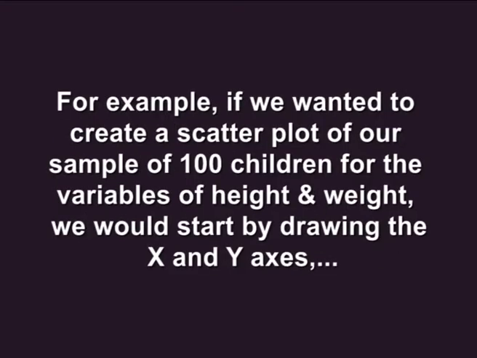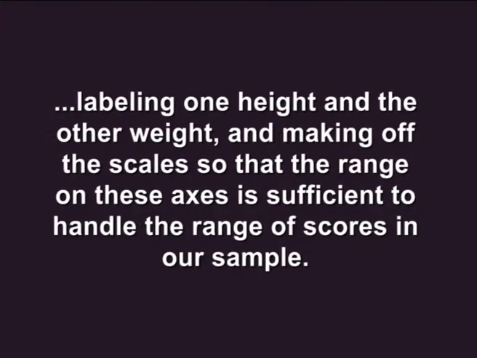For example, if we wanted to create a scatter plot of our sample of 100 children for the variables of, let's say, height and weight, we would start by drawing the x and y axis, labeling one as height and the other as weight, and making the scales so that the range of these axes is sufficient to handle the range of scores in our sample.